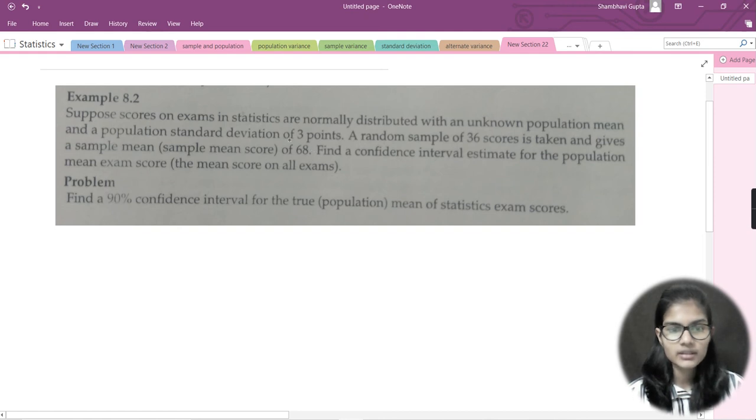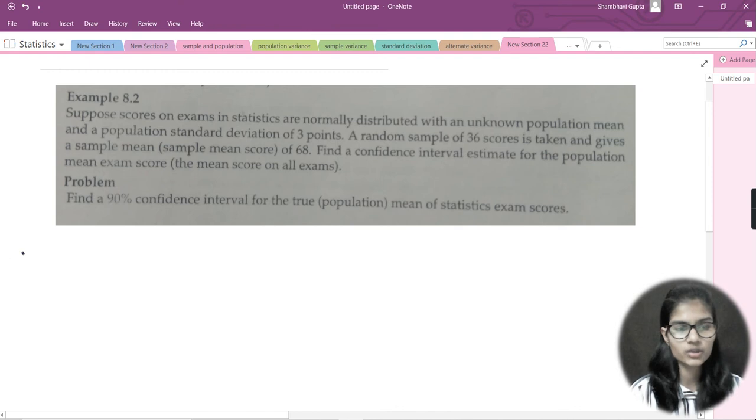I even have the value for the sample mean. So find the confidence interval estimate for the population mean exam score. My problem is that I need to find a 90% confidence interval for the true population mean of statistics exam scores, right? Now please listen to me very carefully, because I am going to solve this question and let you know how we solve these types of questions.